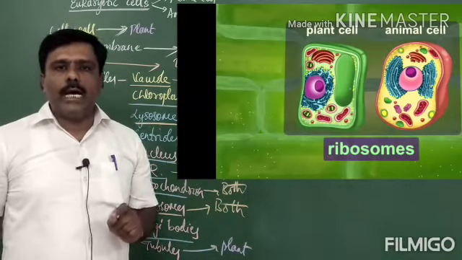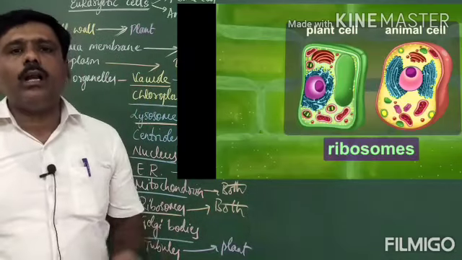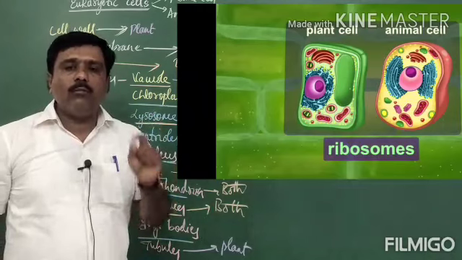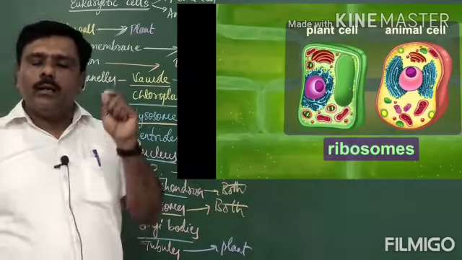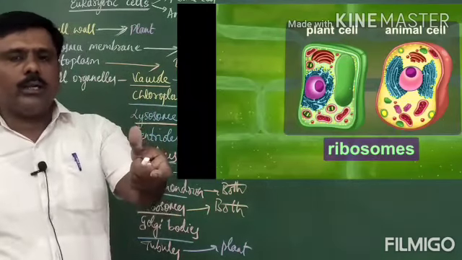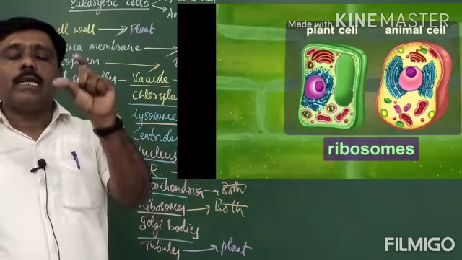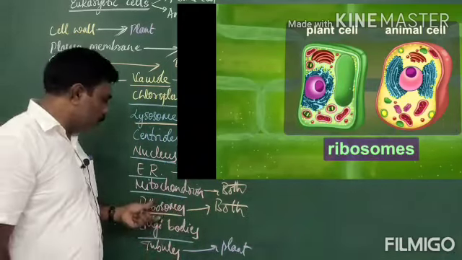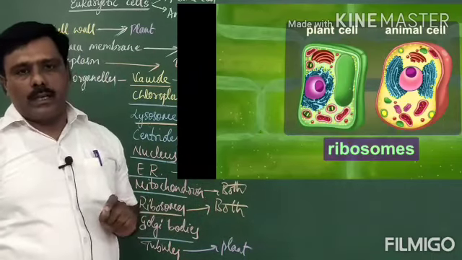Each ribosome has two subunits: a smaller subunit of 40S and a larger subunit of 60S. Together they form the 80S ribosome, found in both plant and animal cells.